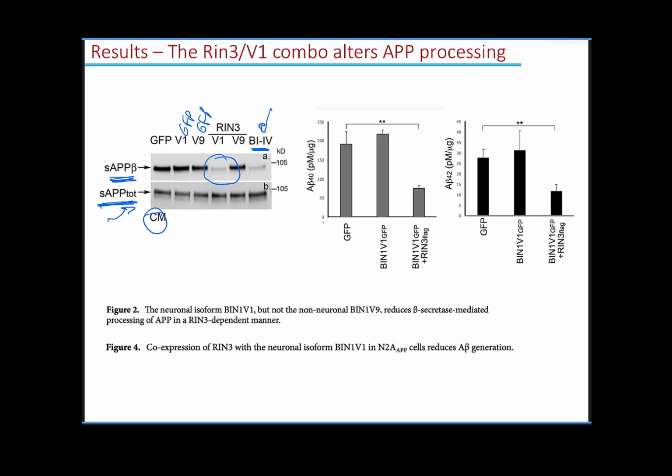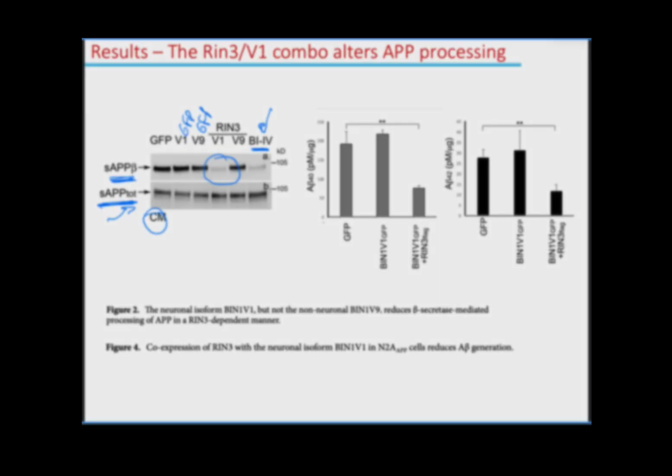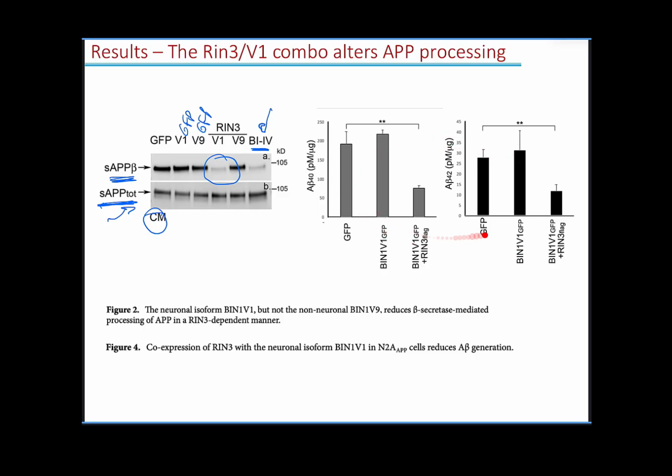Okay? This goes really well with the idea that V1 inhibits early processing of APP and might therefore inhibit later processing of APP beta into the toxic form. Right? When APP beta gets cleaved by gamma secretase, it will generate the toxic A beta 40 and A beta 42. And that's what they measure in these graphs here on the right.